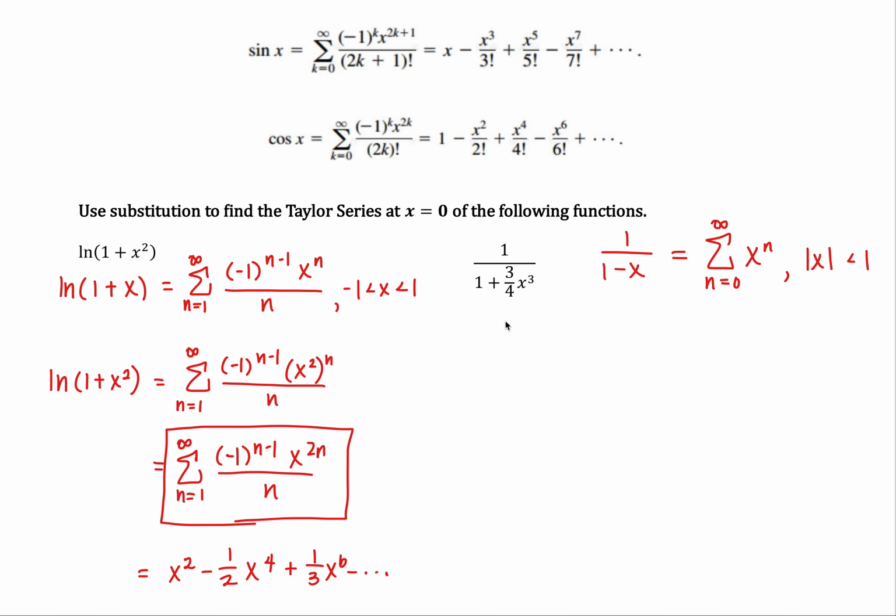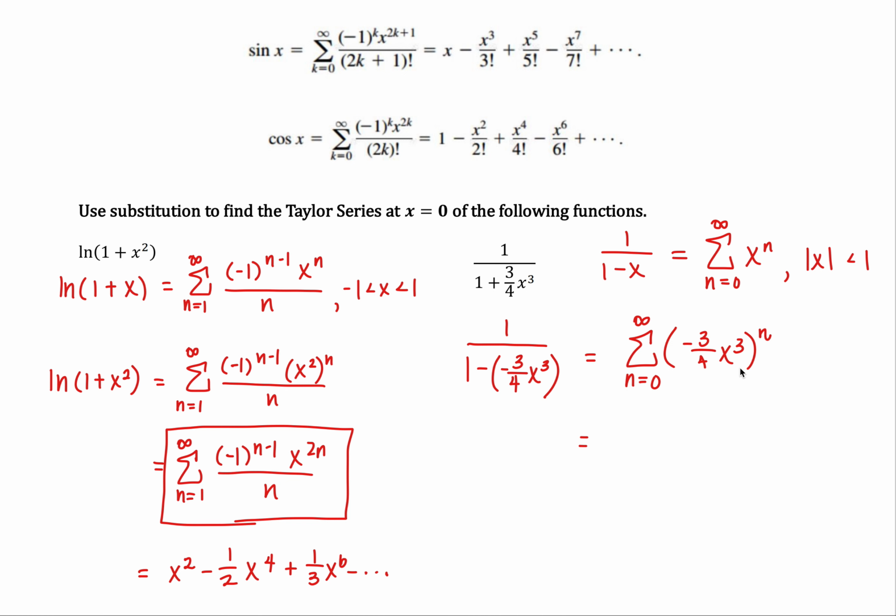So I can rewrite the given function as 1 over 1 minus negative 3/4 x cubed. So instead of just having x to the n, I'm going to have negative 3/4 x cubed to the n. So as a series, it's going to go from n equals 0 to infinity, and I'm going to have negative 3/4 x cubed to the n power.